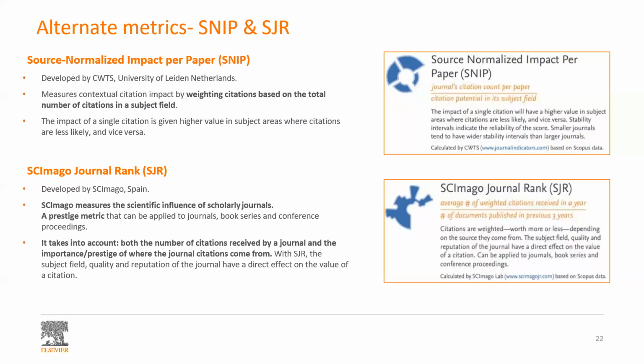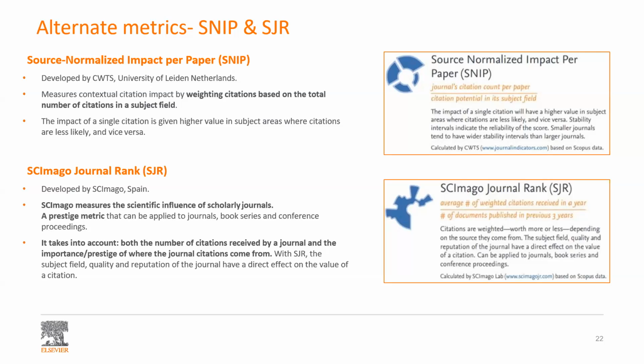And one of the metrics is SNIP, that is called Source Normalized Impact per Paper. This metric basically normalizes the subject area, and then you get a value out of it. So if you're comparing mathematics with medicine, it will normalize the subject area, and then you can compare how a particular journal is performing in your subject area.